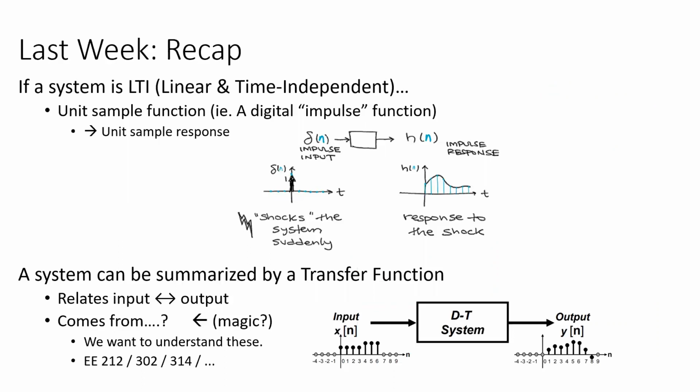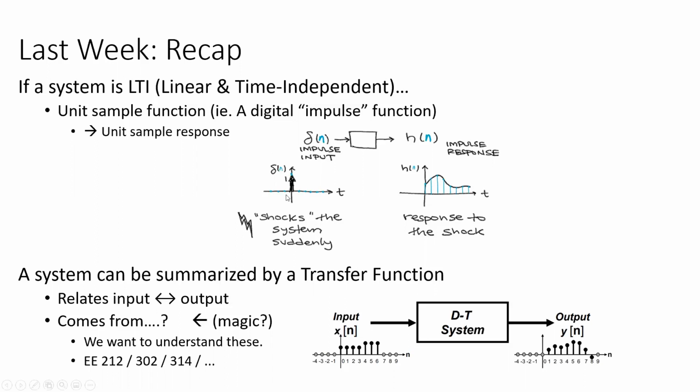So last week, the quick recap, the most important point is that if a system is linear and time independent, you can view it as a black box. You have a unit sample function that we can input. It's a digital version of an impulse function. It's not technically correct to say impulse function, but it's easier than saying unit sample function.